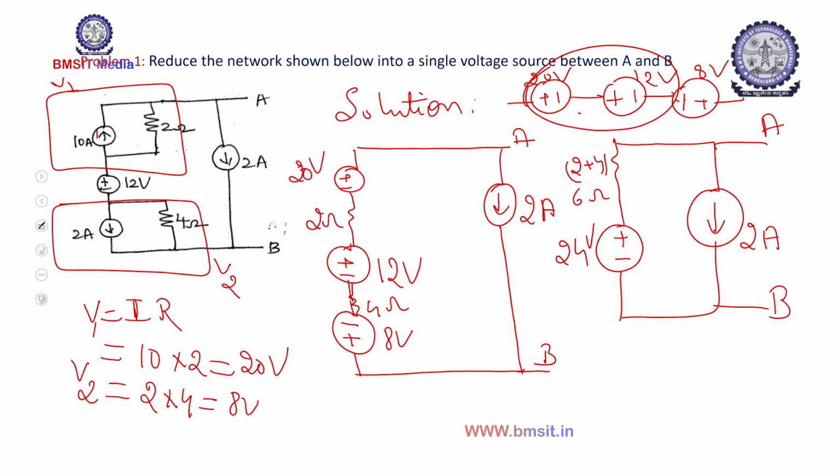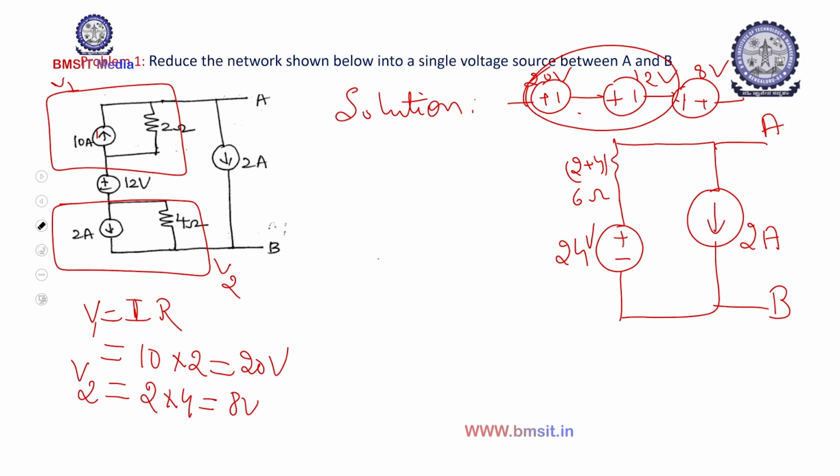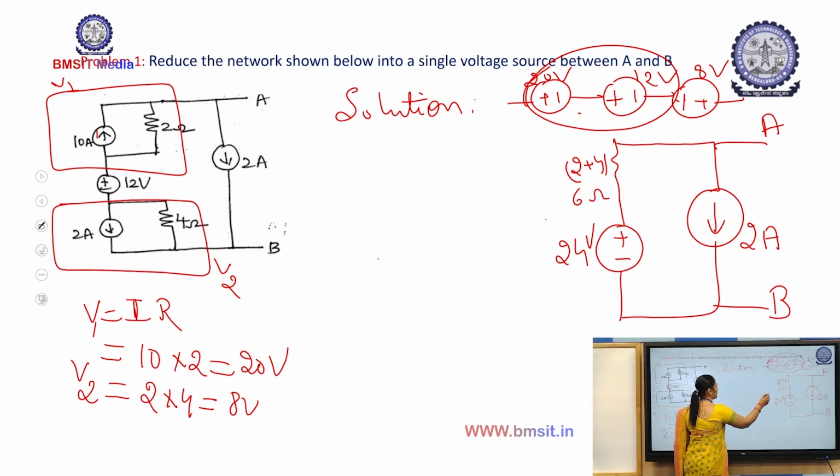Now further we have to reduce this one. For that I will just erase this. So we have this circuit. This will again be transformed into a voltage source.